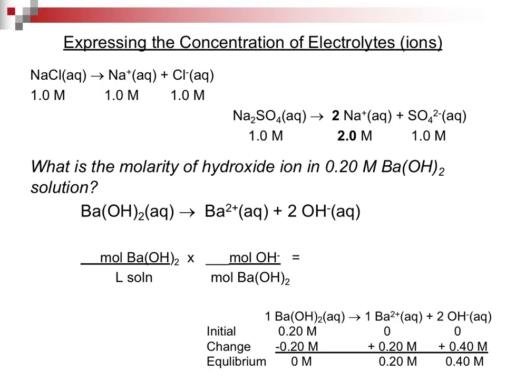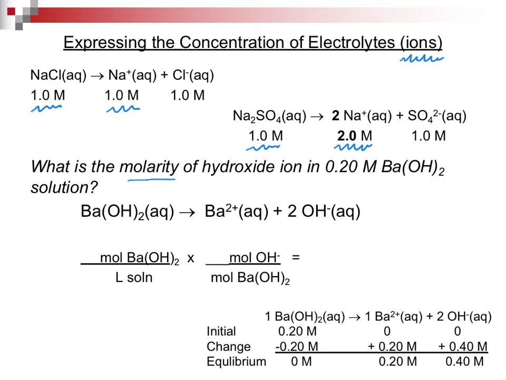Something else you may be asked is for an ion concentration in terms of molarity. For example, sodium chloride produces 1 mole of sodium cation, but sodium sulfate produces 2 moles of sodium cation. As we show you a practice problem, I've used something where it's not more complicated, but it's not one-to-one.